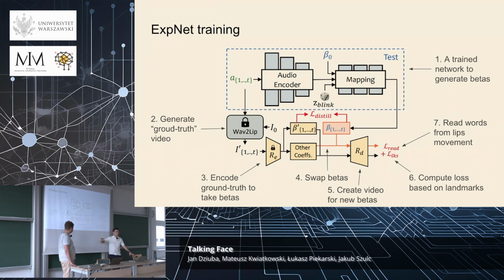So they have to generate ground truth video from audio and image, and they use Wav2Lip to do it. So this is the assumption that they don't have ground truth video, which is not true in our case. We have ground truth videos, and here they have 3 losses.